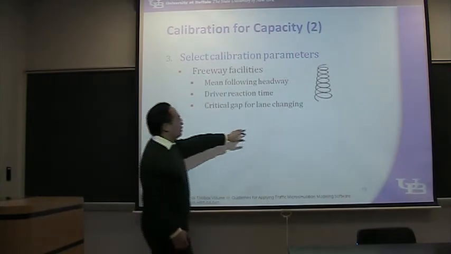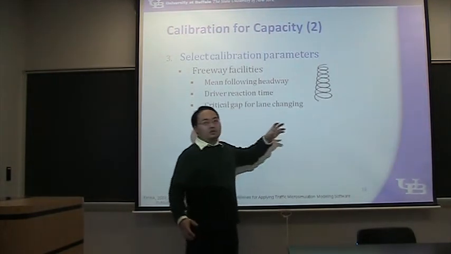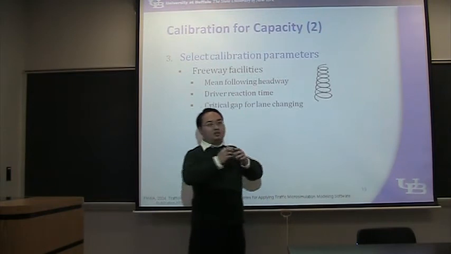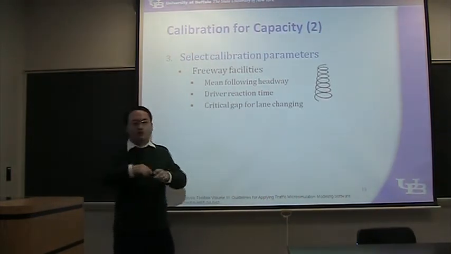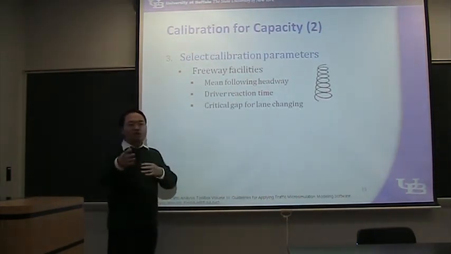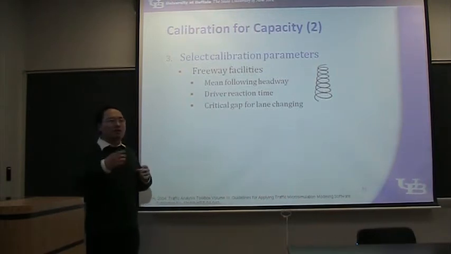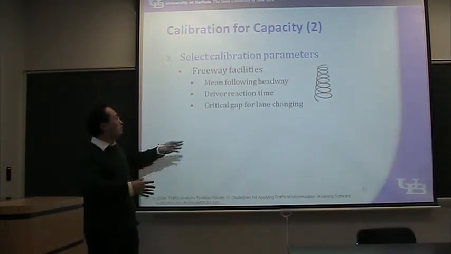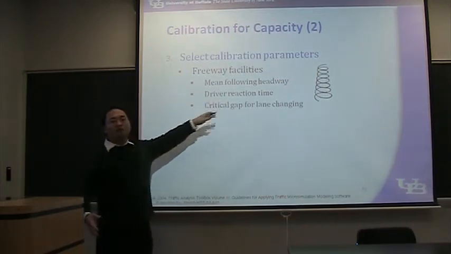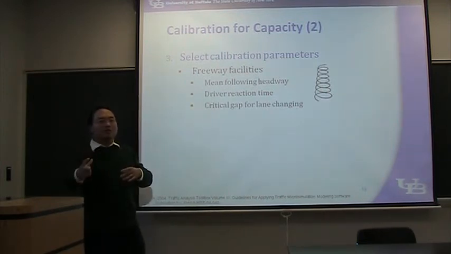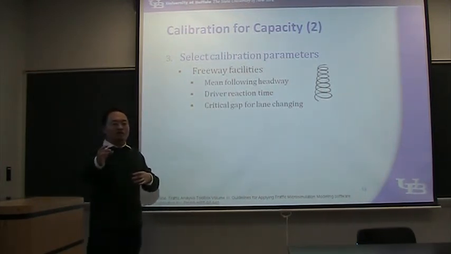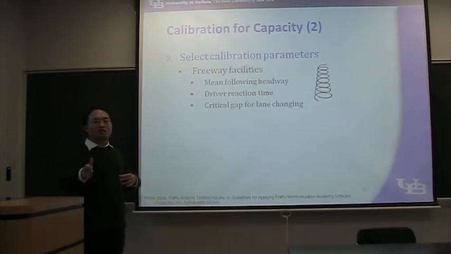Here is the analogy. So why did I use this? Let's think about a platoon of vehicles, and ideally they are traveling at the same speed, so they are going to keep this mean following headway. But suddenly, one vehicle changes speed.